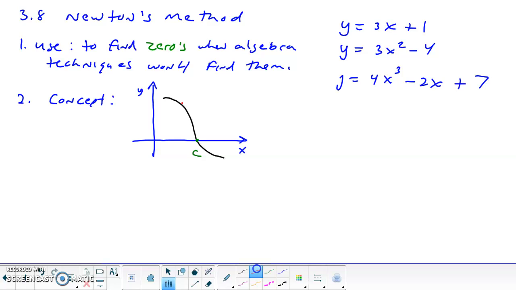Let's take a point. I'm going to put it right there. And we'll call it x sub 1. So that's the x-coordinate of that point. And that point is a point that's tangent to the curve. And therefore we get this tangent line.